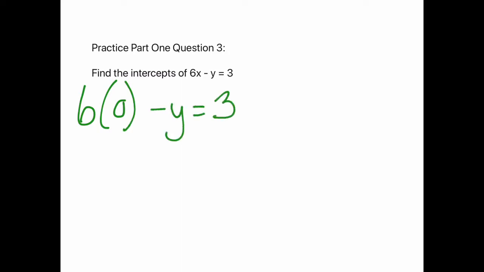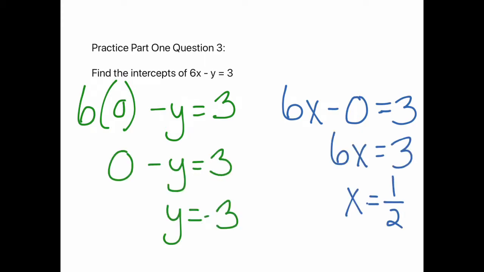It asks you to find the intercepts of 6x minus y equals 3. To do so, we're going to solve each of these equations if one of the variables is 0. So 6 times 0 minus y equals 3, or you would do 6x minus 0 equals 3, and these will give you your two intercepts.